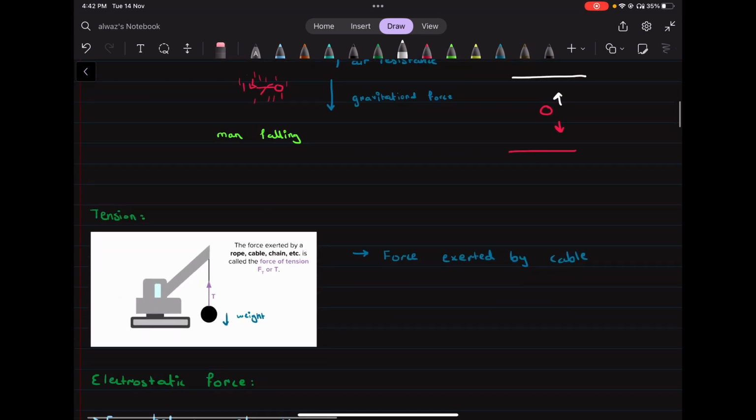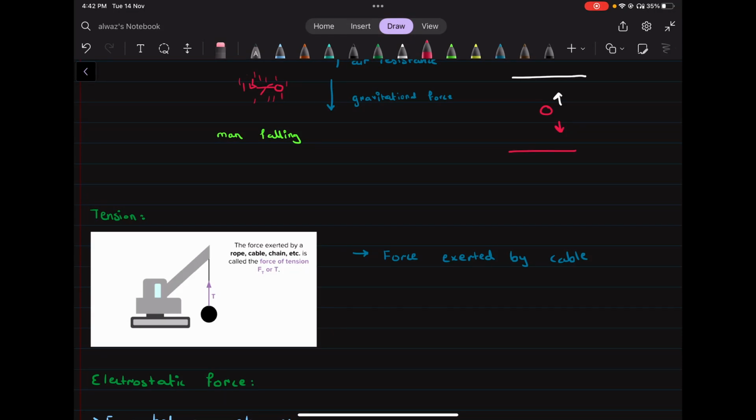Moving on, the next force that we have is tension. Tension is the force that is exerted by some kind of rope, cable, or chain. In this case, we have the strut, which is holding on to this ball through this cable right here. Now, if we look at the ball, we see that there's weight acting on this ball.